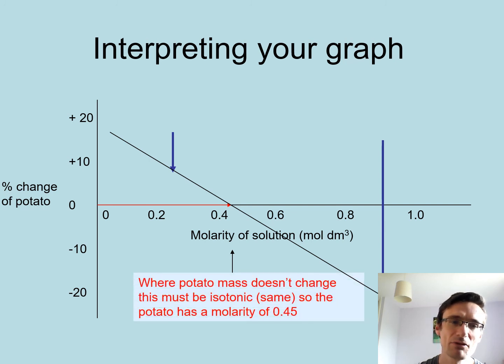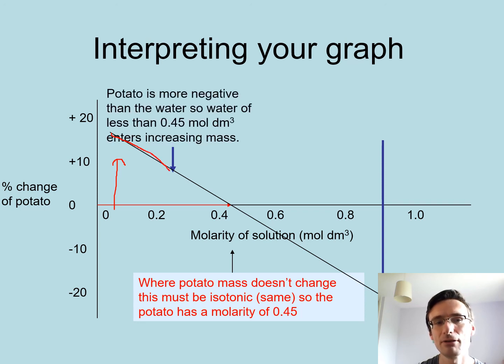That's because at 0 concentration, it would be in a hypotonic solution, so the water would move from a higher water potential outside the potato to a lower water potential inside the potato. Then as I go along, that osmotic gradient decreases, so the change in mass will drop.